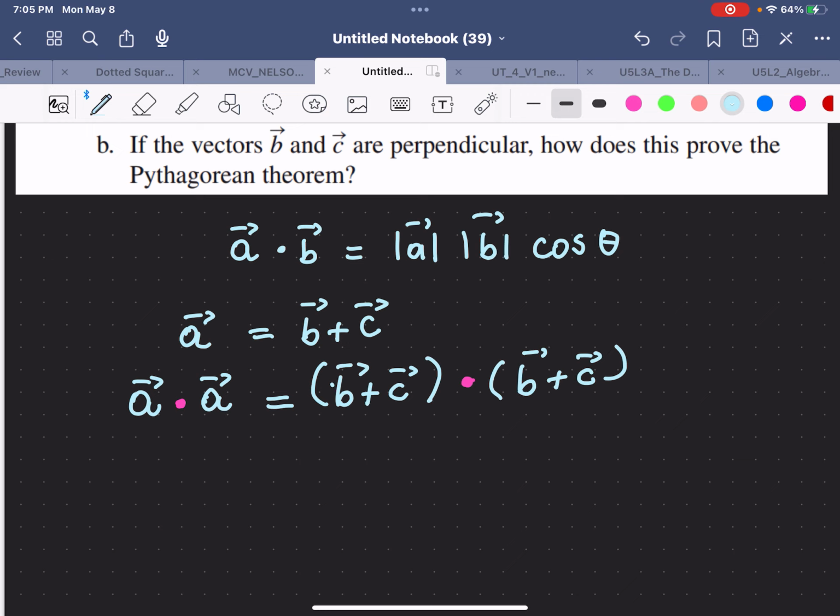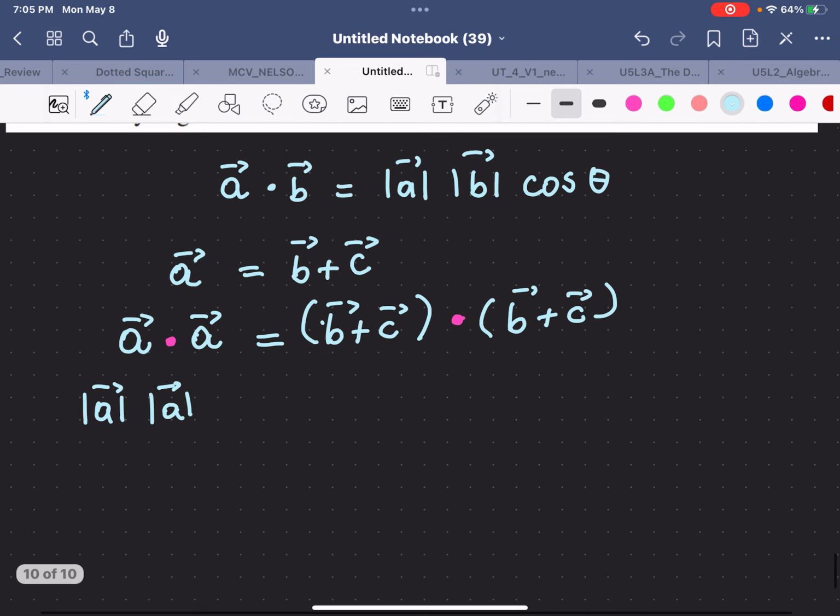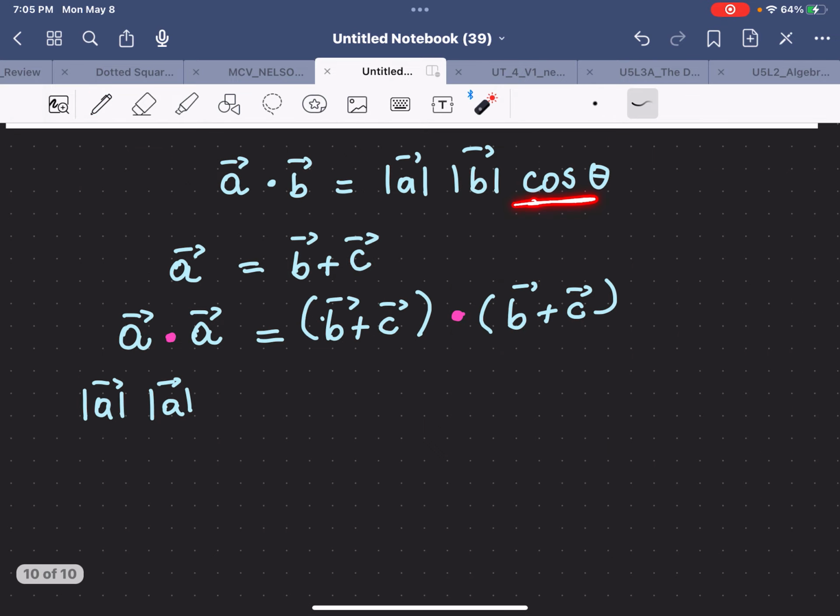According to the dot product formula, A dot A would be the magnitude of A times the magnitude of A, times the cosine of angle theta, where theta is the angle that the two vectors make with each other. Now remember that a vector makes an angle of 0 degrees with itself. So it makes sense to say that would be cosine of angle 0.